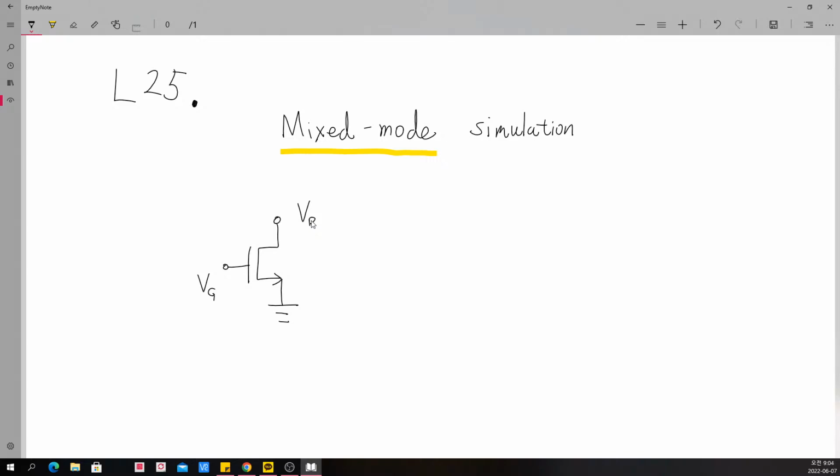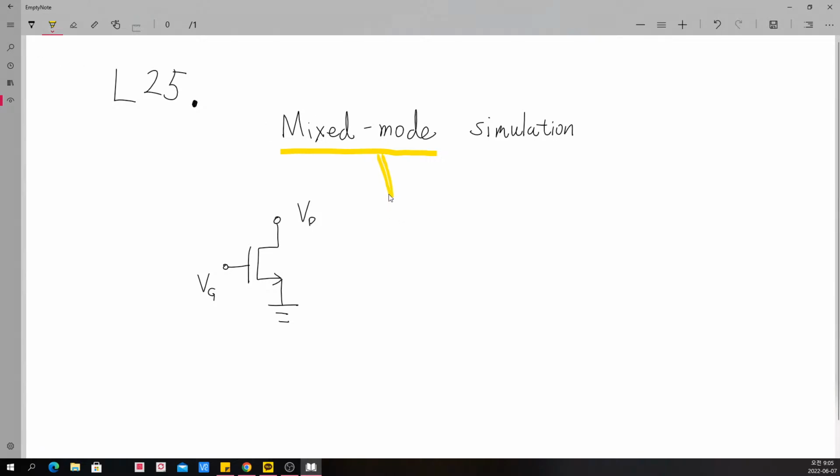Usually we just measure the terminal current as a function of terminal voltages. That was the usual situation. But now sometimes we can try to go a little bit further than just a single device simulation.